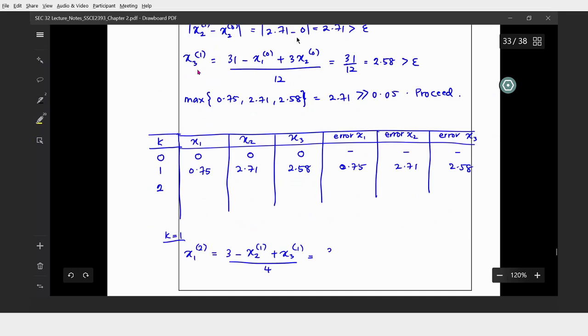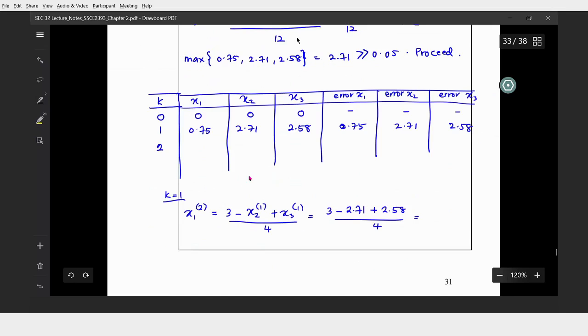Because now you are going to have 3 minus x2 at the previous iteration, x2 1 is 2.71 plus x3 is now 2.58 over 4. So you are going to have different values now. So in order to have the value here, x1 2, you need to use the values in the previous iteration: 0.75, 2.71, and 2.58.